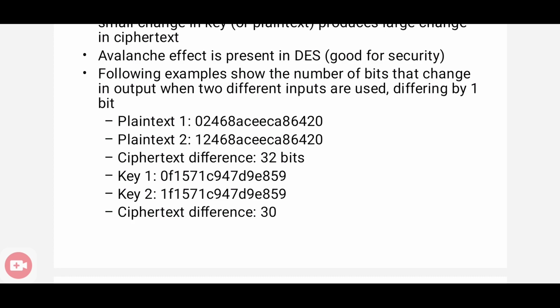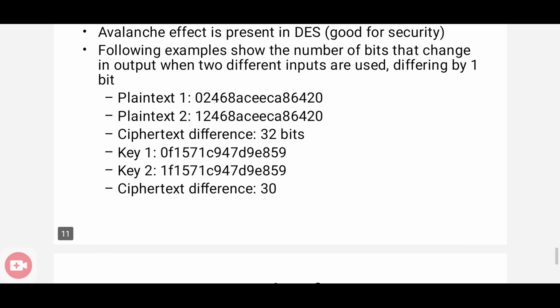So a small change in the input makes a large change in the output, which means it's an avalanche effect. That avalanche effect is found in this DES structure. Also, you can see there are two keys with only one bit of difference, but the ciphertext difference is about 30 bits in DES. So this is the avalanche effect.